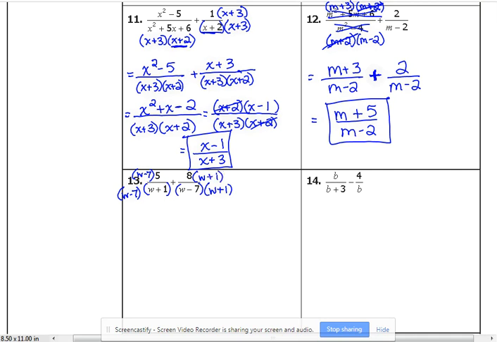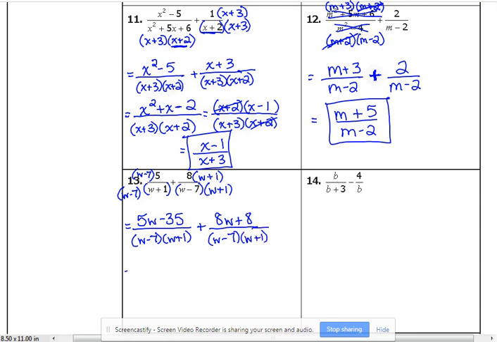So they had nothing in common, so we've got to multiply both of them. Let's go ahead and distribute the 5. 5w minus 35 over w minus 7 times w plus 1, plus, go ahead and distribute the 8. 8w plus 8. Be careful when you're distributing. That messes people up more than anything.